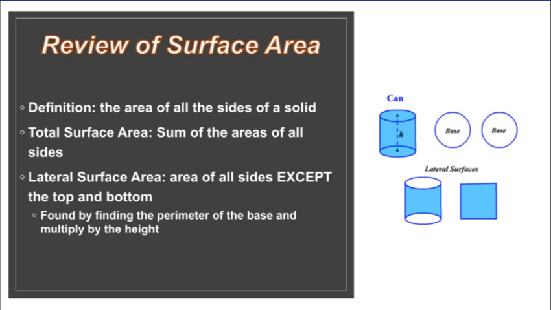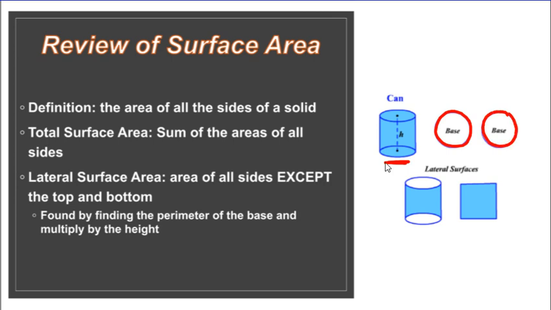And then we have lateral surface area, which is the area of all the sides except the top and bottom. You can find that by finding the perimeter of the base and multiplying it by the height. If you look at this picture of the can, the can is a cylinder, and the base and the top are circular. So we would have to find the perimeter of two circles, which would be circumference.